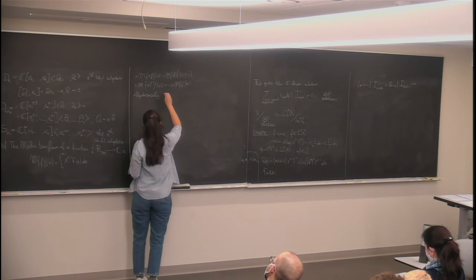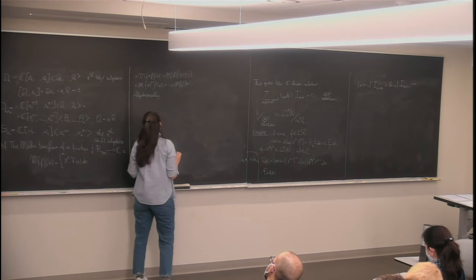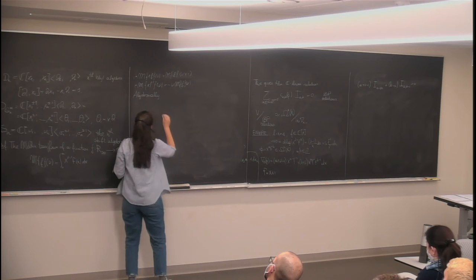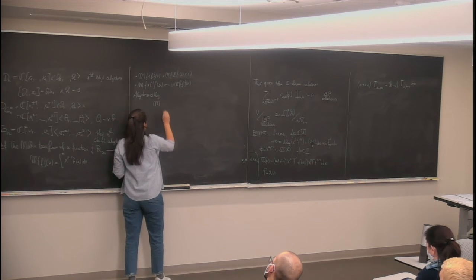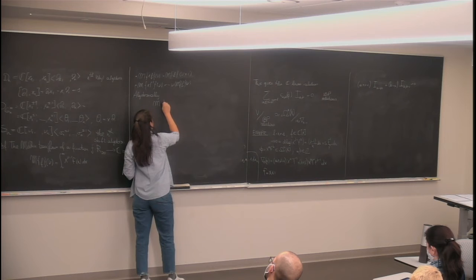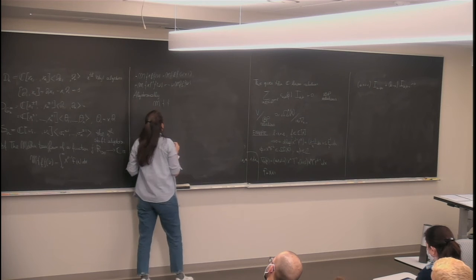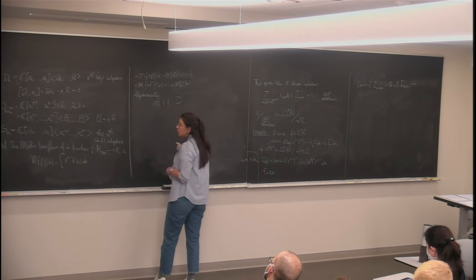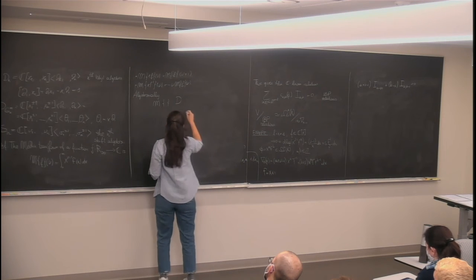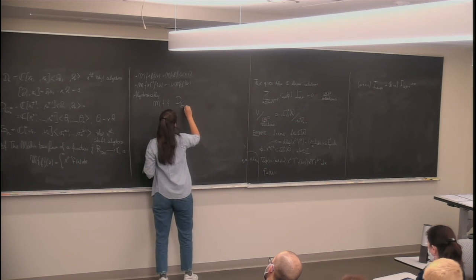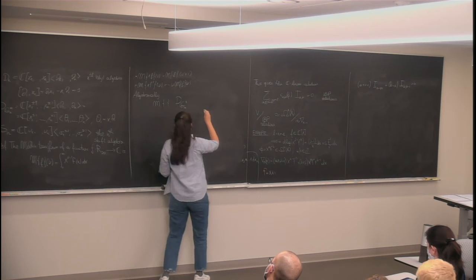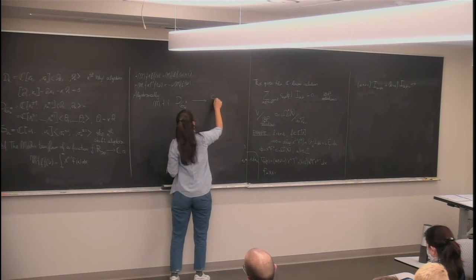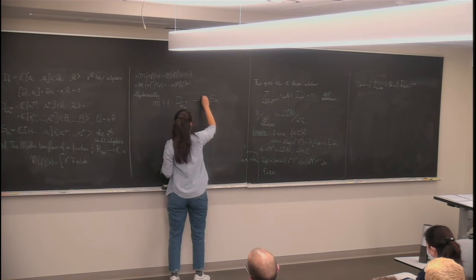And so algebraically, one can define the Mellin transform in this way. This is an isomorphism of C-algebras, which we denote by brackets, from this free algebra into the shift algebra.